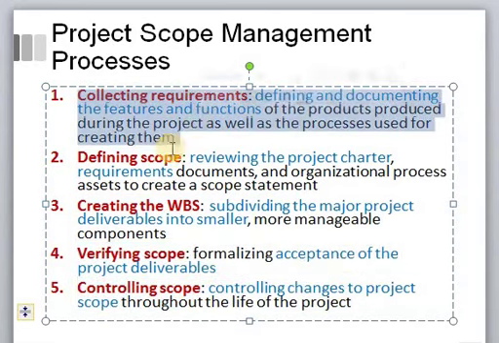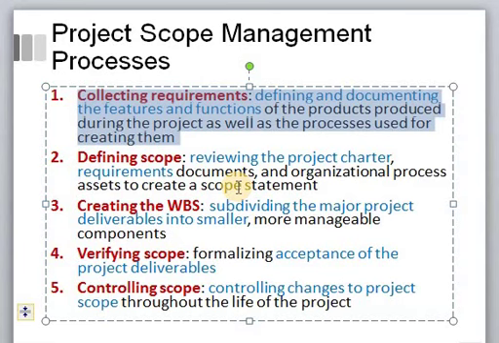The first one is that you need to collect all of those requirements that you should consider as a part of the project. This means defining and documenting the features and functions of the products produced during the project, as well as the processes used for the development or creation of those products.